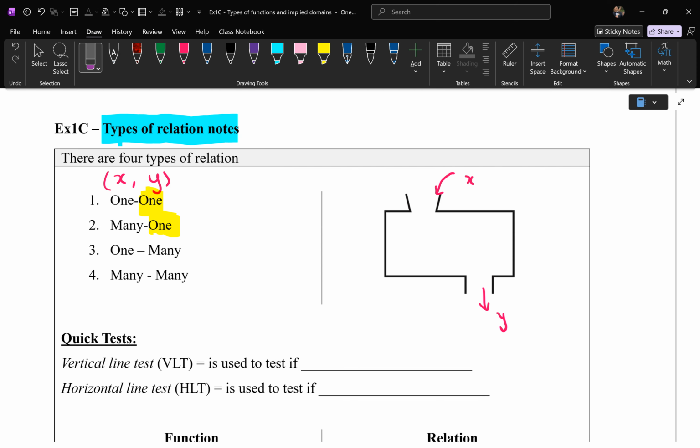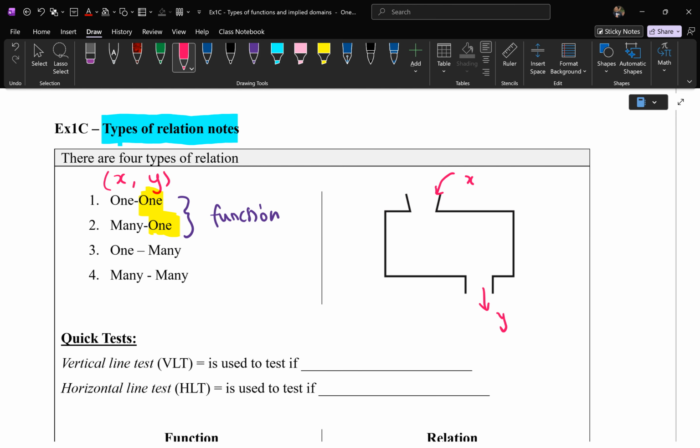That's the definition of a function. So if you had to remember it, that's the best way to remember it: one y coordinate. Hence these two, in your notes, are functions. The other two we say are relations. Well, technically they're all relations, but specifically, number 1 and number 2 are functions.